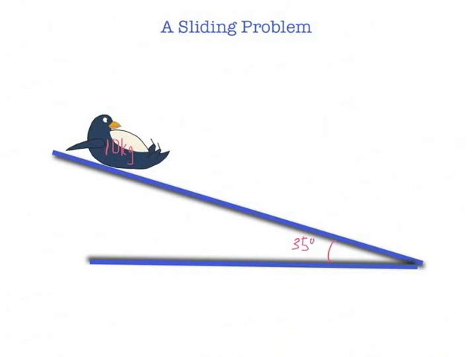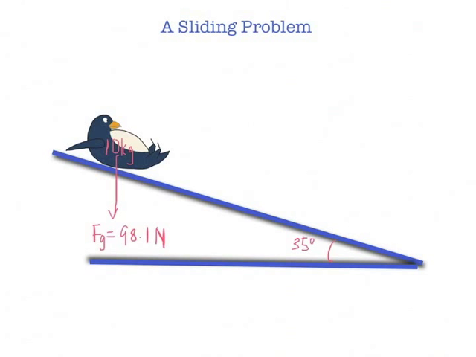Let's first draw in the forces acting on the penguin. We obviously have weight that's always acting downwards. We can quickly calculate that. This equals mg, right? Mass times acceleration due to gravity, 9.81 meters per second squared, times 10 kilograms. Just a quick calculation, that's 98.1 newtons. Next, we also have the normal force.